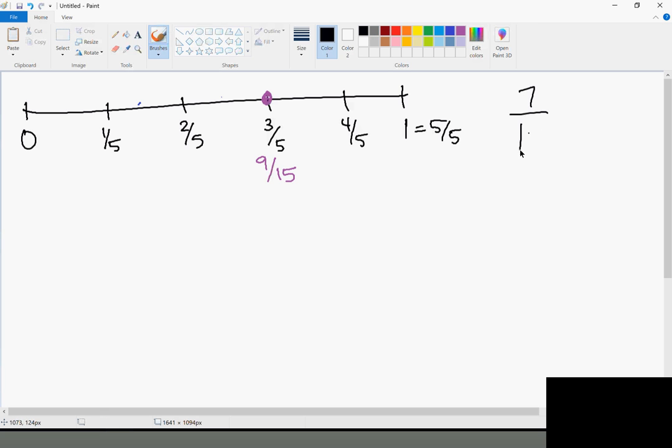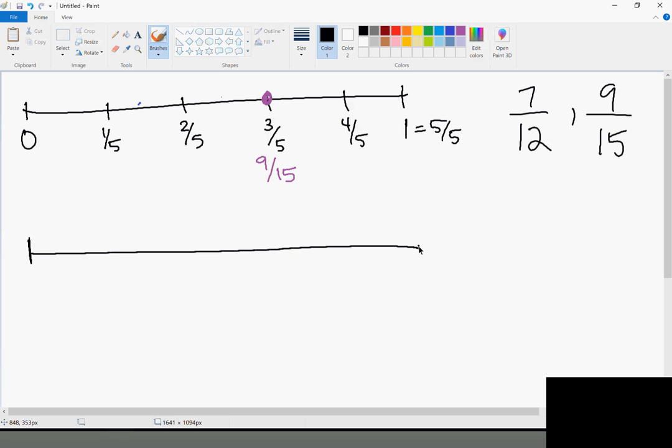So 7/12, and then 9/15. Okay, so now I'm going to use the same value. Let me start by doing thirds, and then half of the thirds, and then half, that'll be 6, and then I'll divide in here.